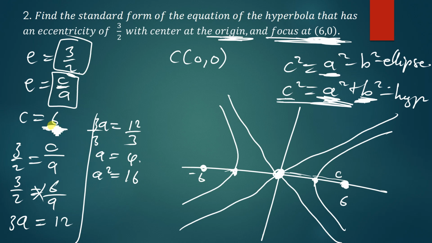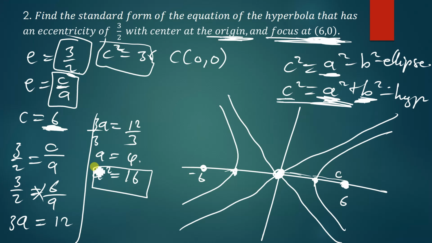We know the value of c is 6, and when you calculate c squared, this will give us 36. So c squared is simply equal to 36, and a squared is 16. So we can use this formula to find the value of b. c squared is equal to a squared plus b squared.